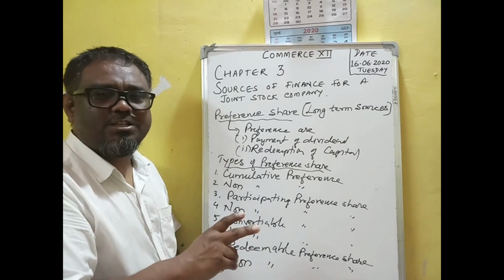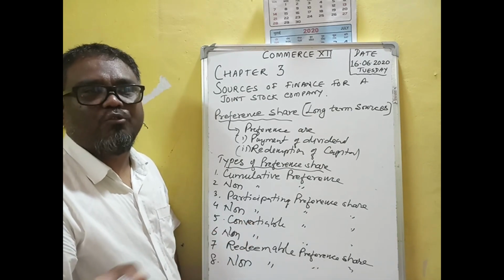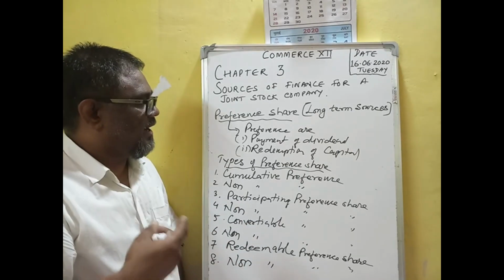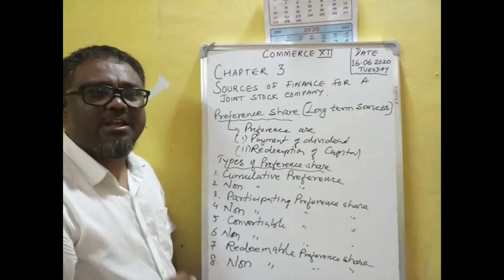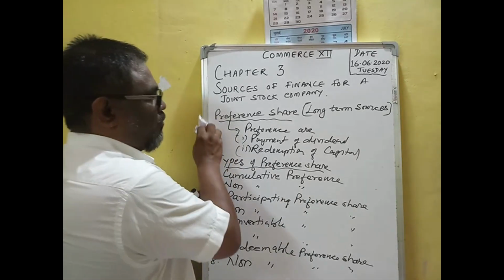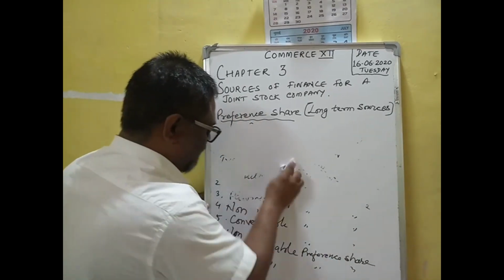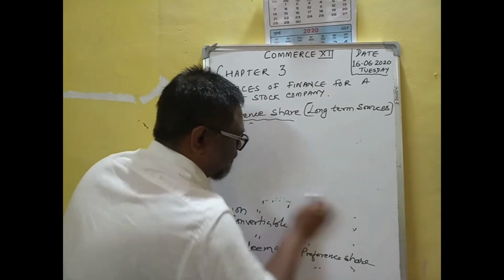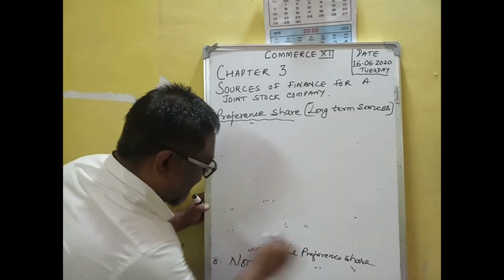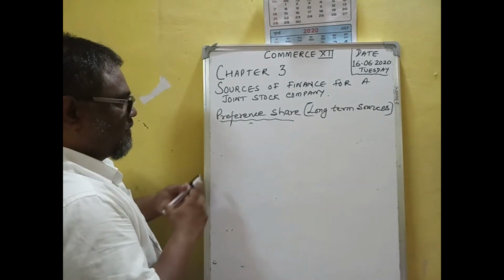So first dividend is declared to the preference shareholder prior to the equity shareholder, and next, preference is attached regarding the redemption of capital. So next we have the advantages of preference shares.